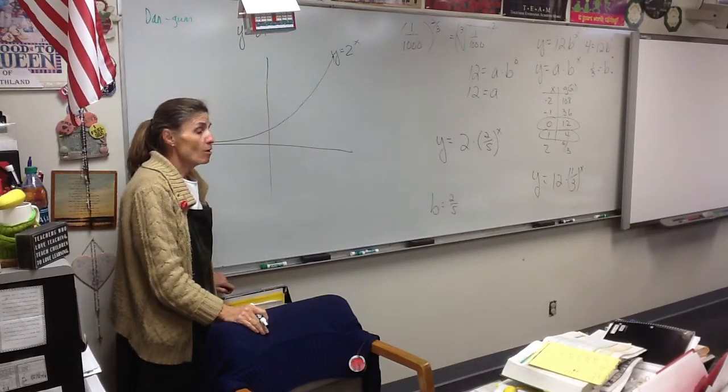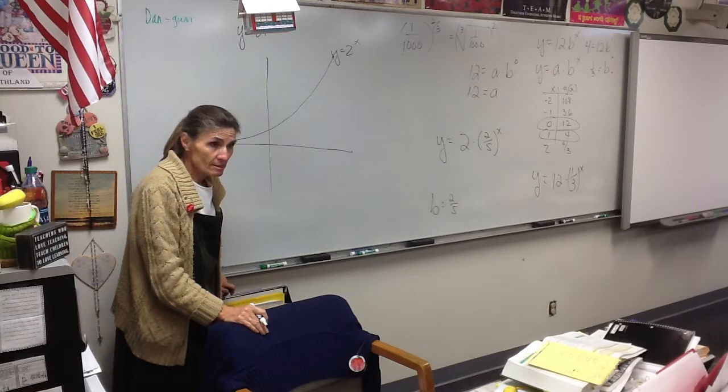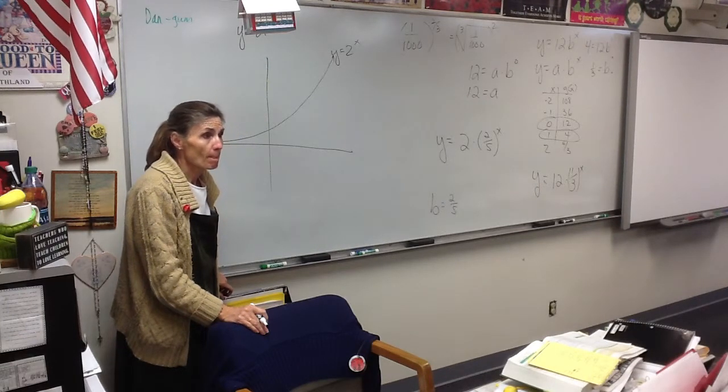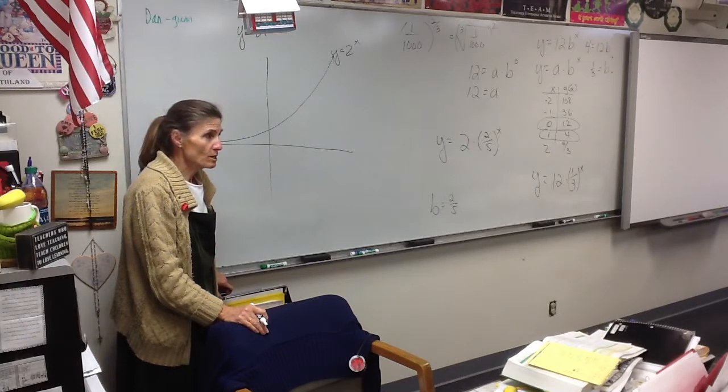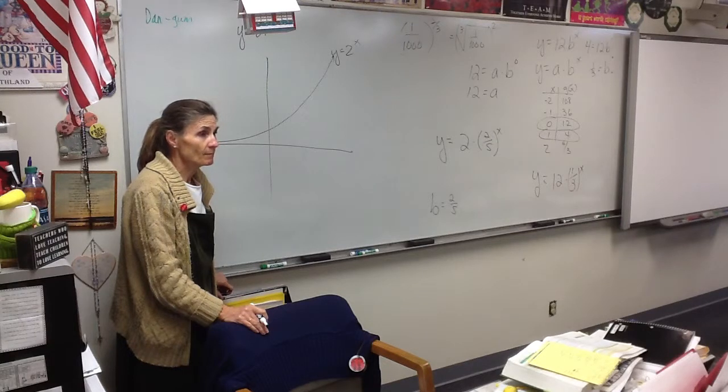Subtracted 3 from the x. What does that do to your picture? It moves it 3 units. Which way? It's the opposite, so it moves it 3 units to the right.